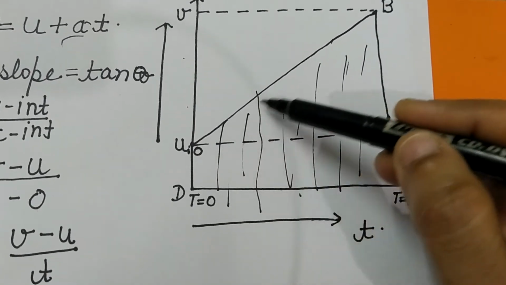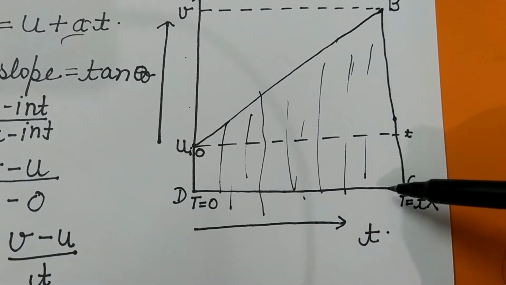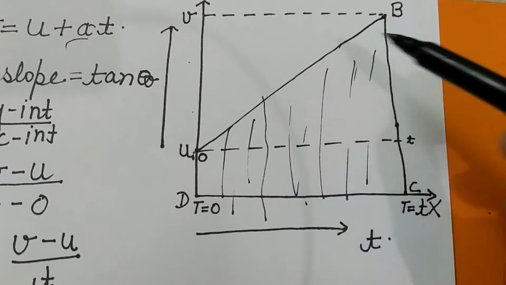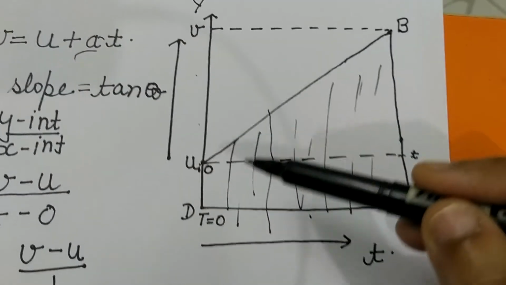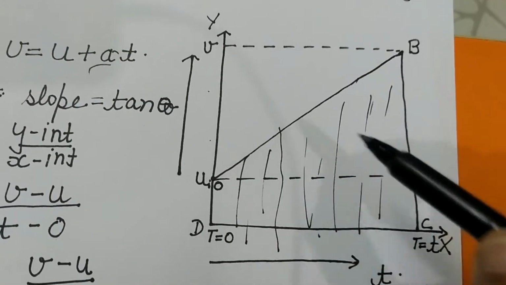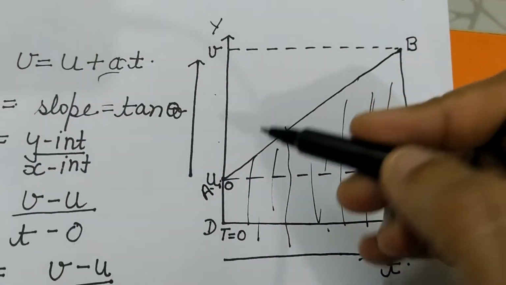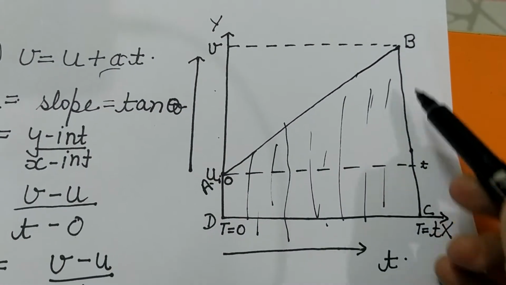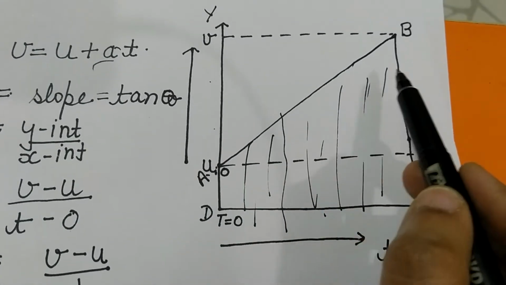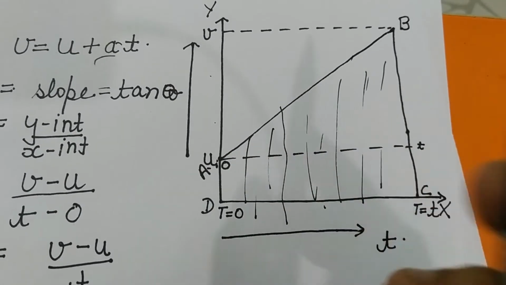So we have to find this area, that is, the area of this trapezium ABCD.